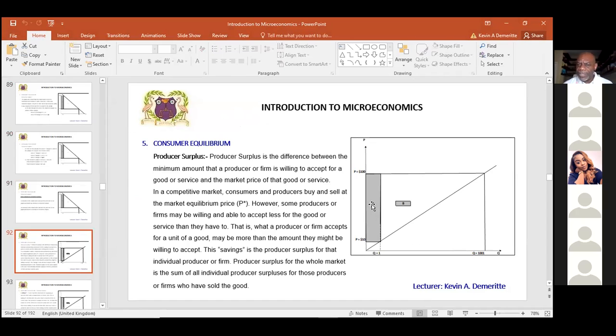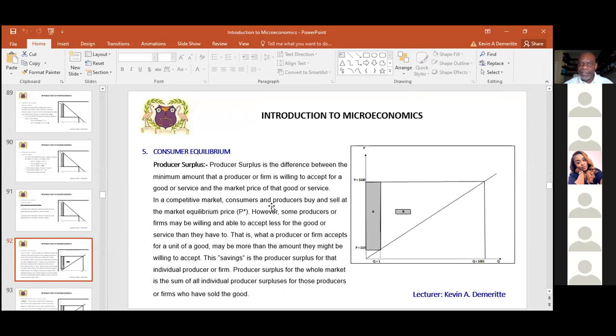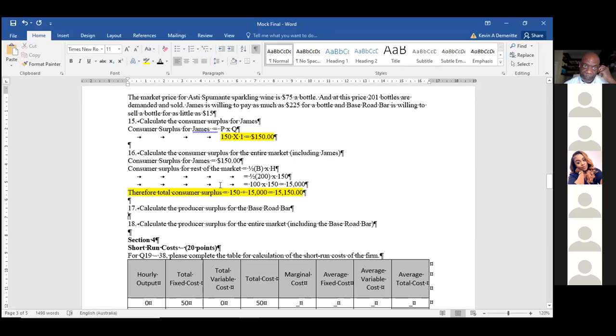The Base Road Bar we said is the A. The rest of the market is the B. According to the question, the Base Road Bar is willing to sell a bottle for $15. But what's the market price? 75.